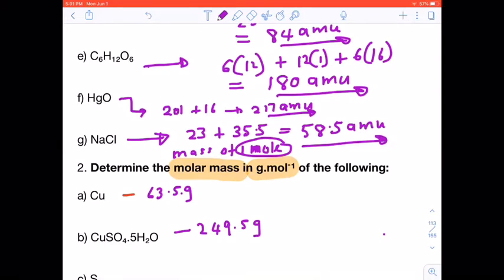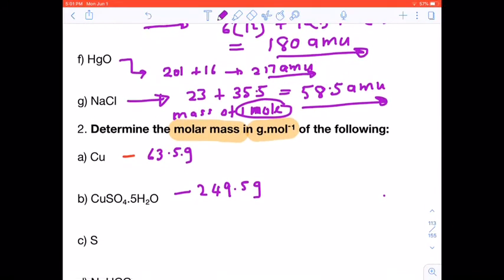So here 1 mole of copper sulfate pentahydrate will contain 6.02 times 10 to the 23 copper sulfate pentahydrate molecules, right?